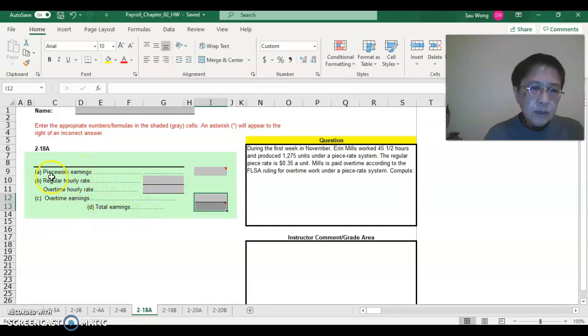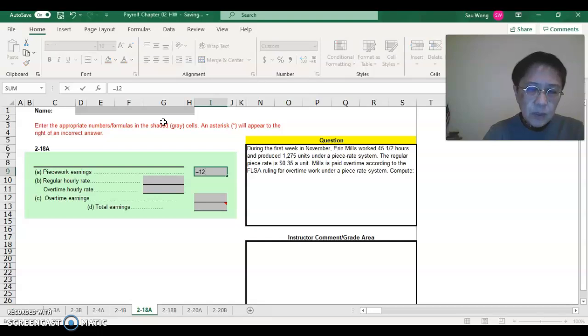So our first task is to compute piece work earnings. He produced 1,275 units. Okay, so equal 1,275 units times at a rate of 35 cents a unit, so times 0.35.